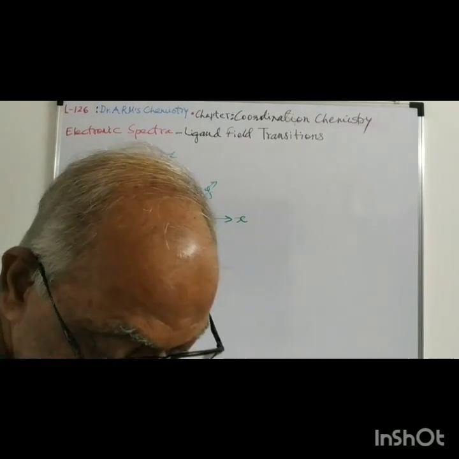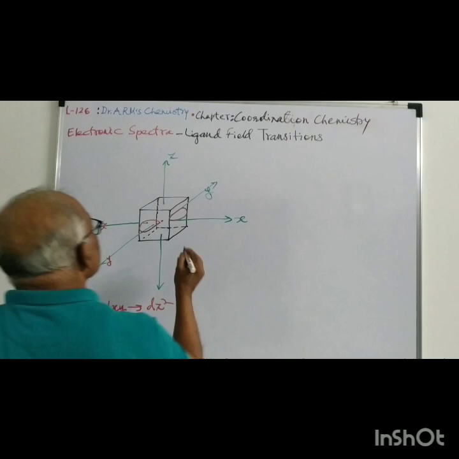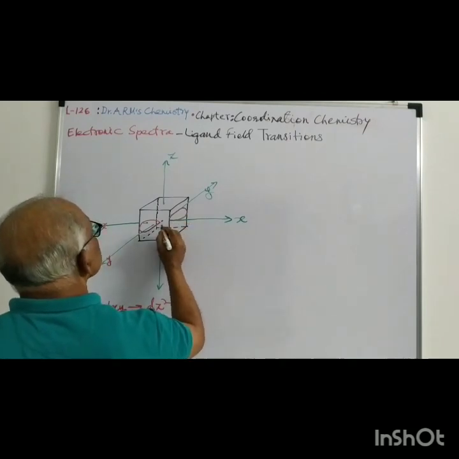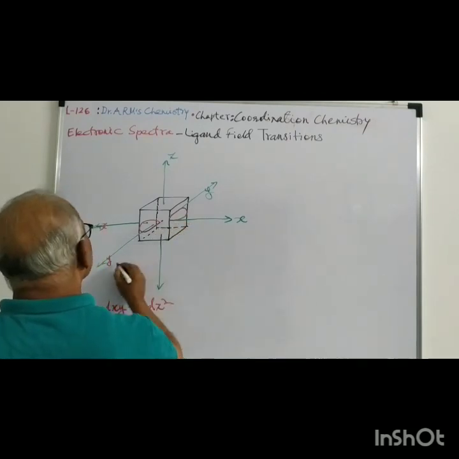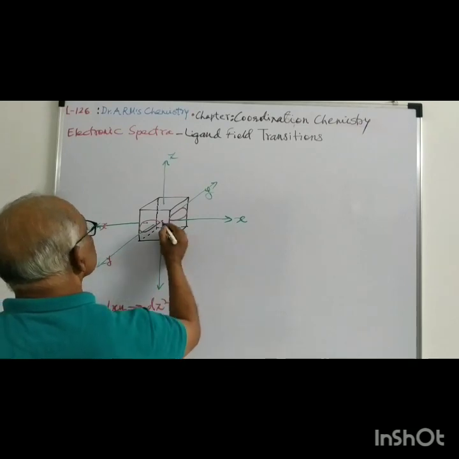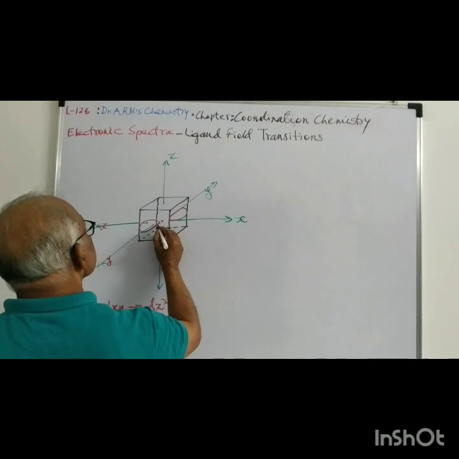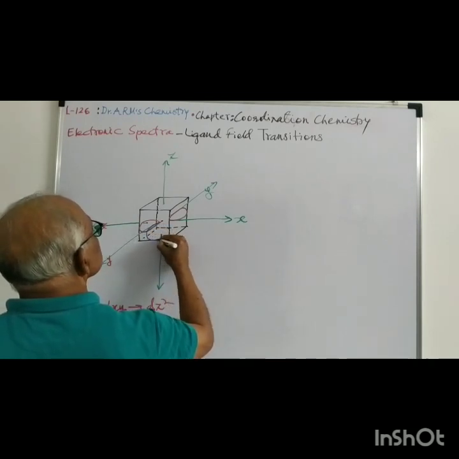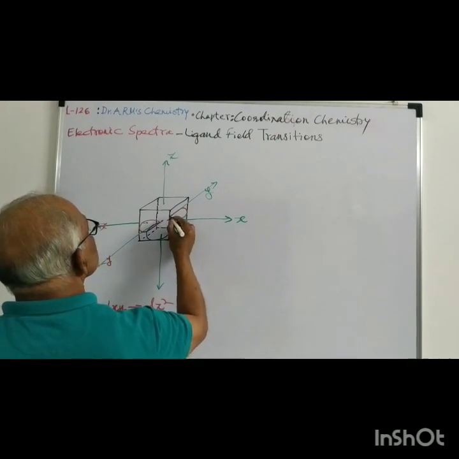Now we will have another. So this is one loop, and it has another loop lying between these axes, the x-axis and y-axis, like this.